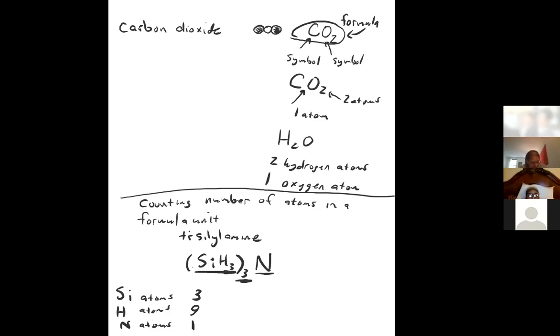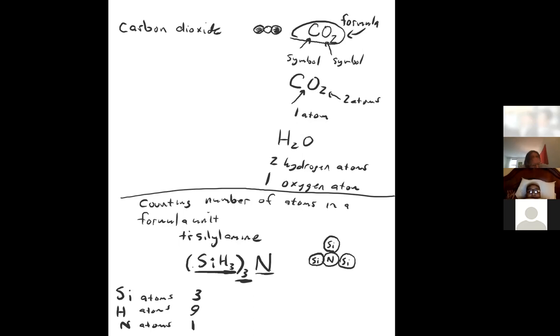And let me show you what it actually looks like in terms of atoms. Let me put the nitrogen. This is something you don't need to know in this course, but it's something you go through in the next course. Essentially what happens is there are 3 silicons attached to the nitrogen. Okay, so there's your 3 silicons.